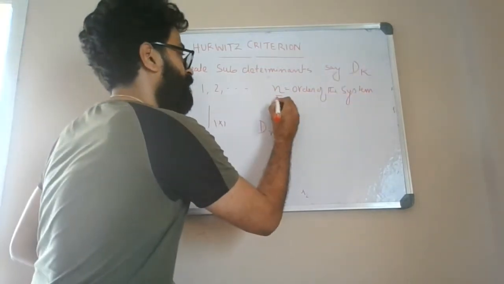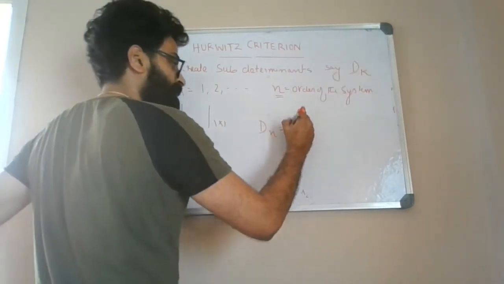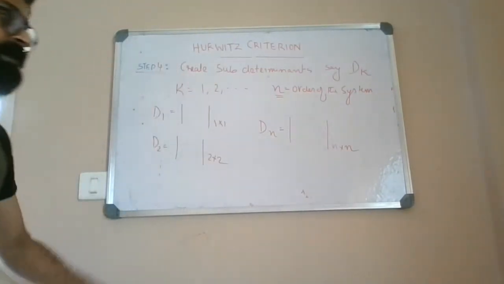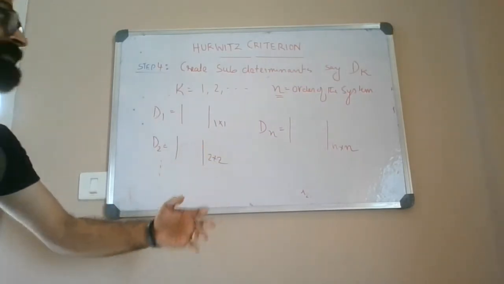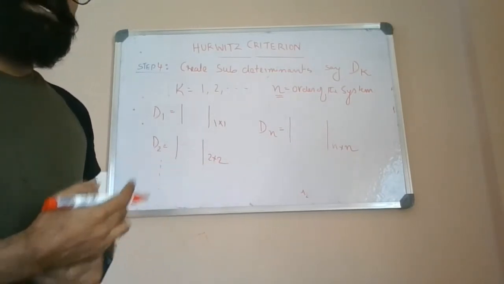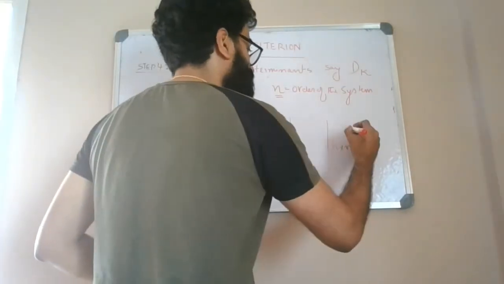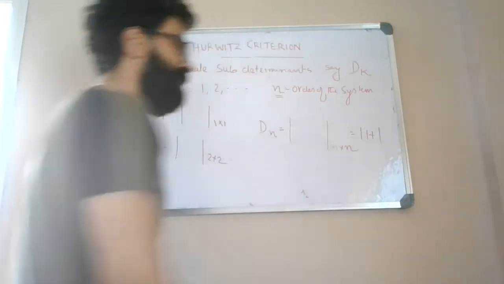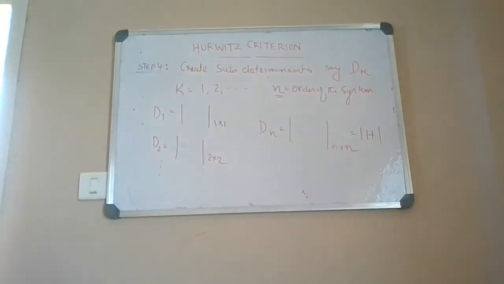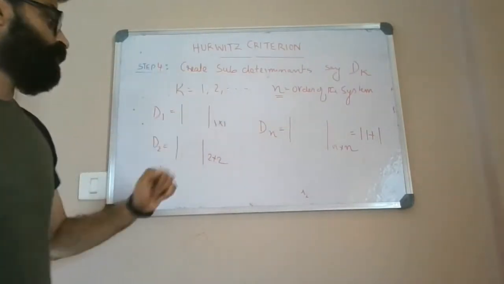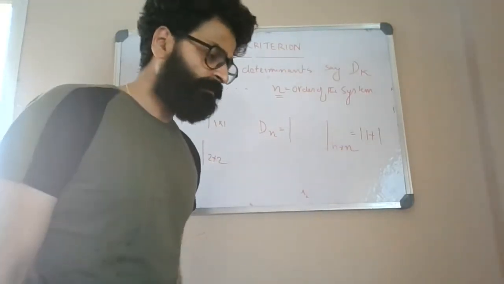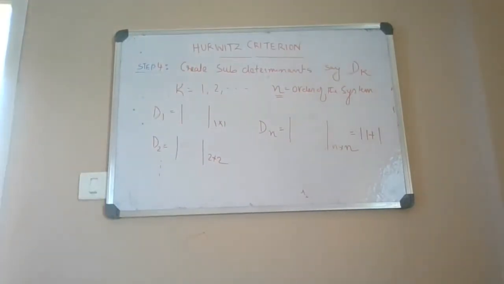The last value is n, so my last determinant has a dimension of n cross n. We already saw in step 3 that the Hurwitz determinant itself is an n cross n determinant. So Dn is nothing but your Hurwitz determinant. In step 4, you create the subdeterminants: 1 cross 1, 2 cross 2, 3 cross 3, 4 cross 4, and so on until you reach the n cross n determinant.